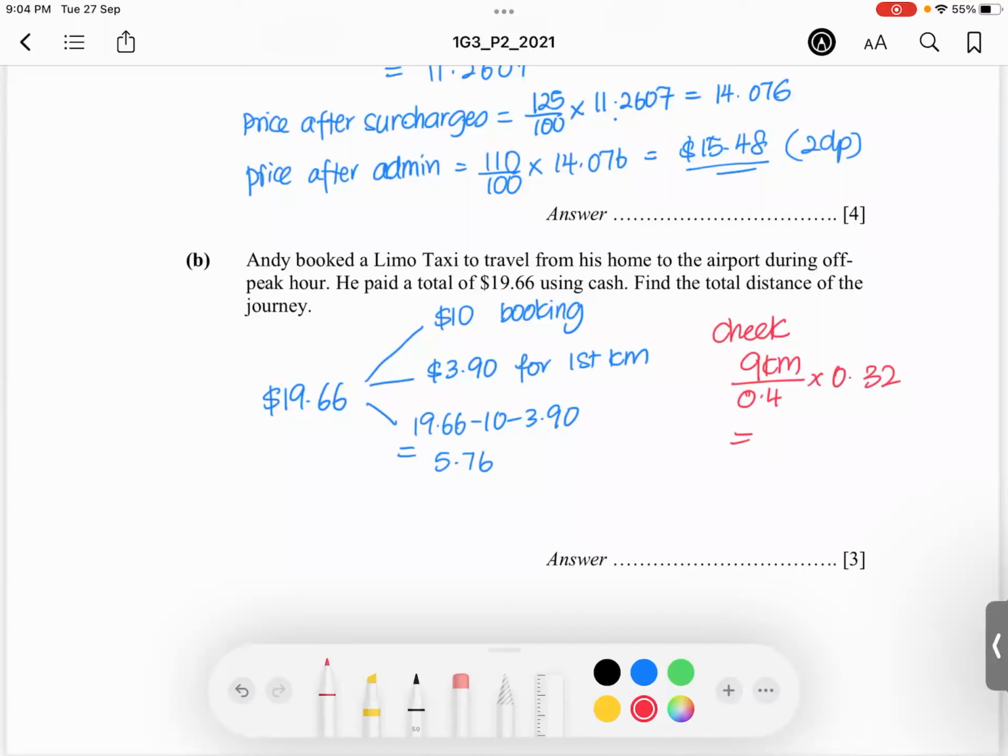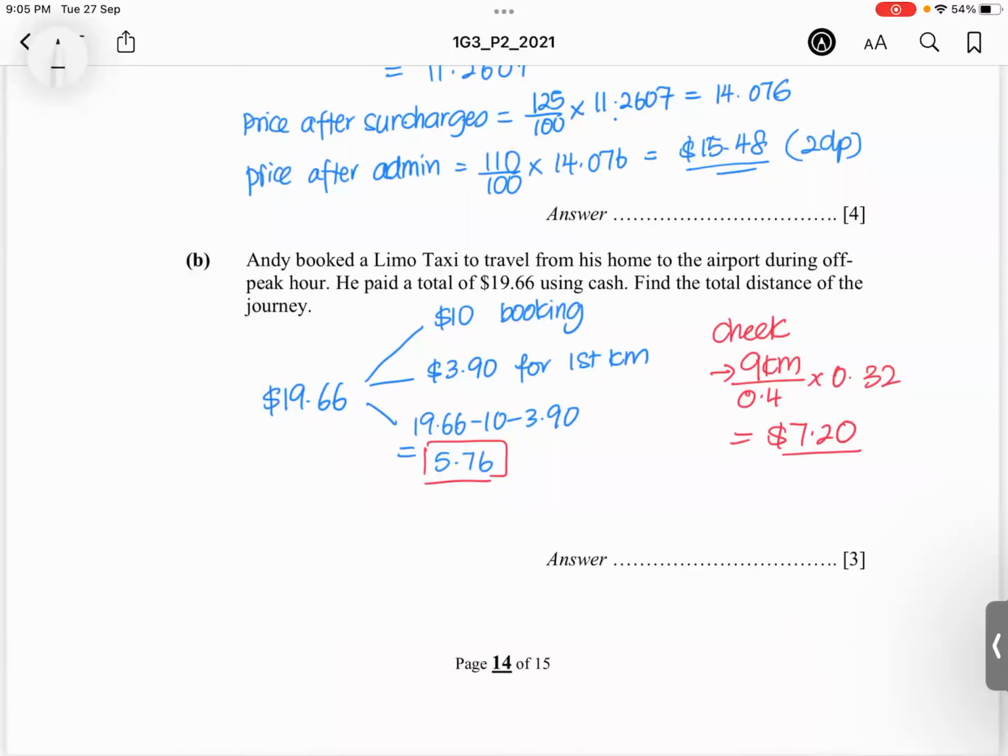This portion itself will need to pay up to a total of $7.20. This amount here is lesser than $7.20. That means all this distance over here will be under the first 9 up to 10 kilometers, within that 9 kilometers. Okay, so if that is the case, I confirm that all the rates are under 0.32 already.